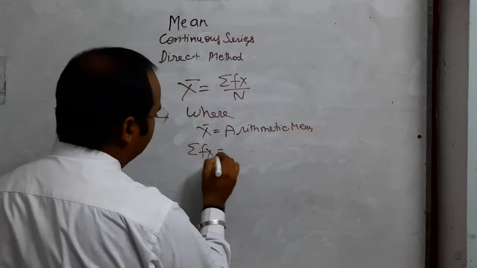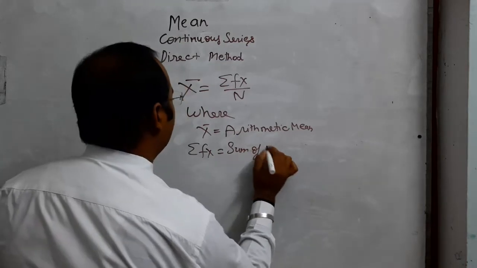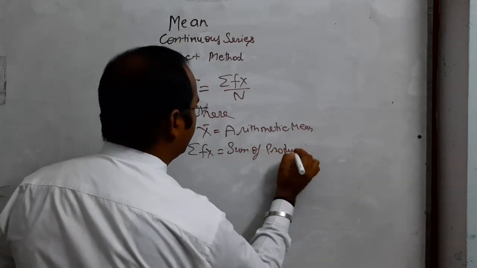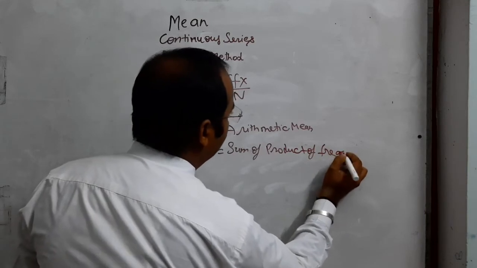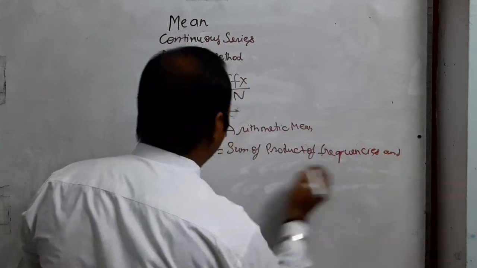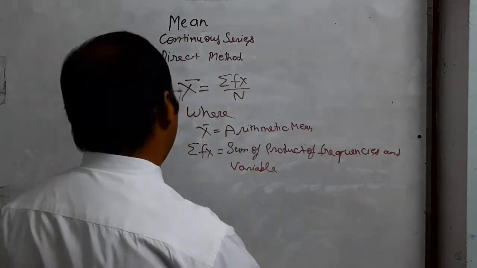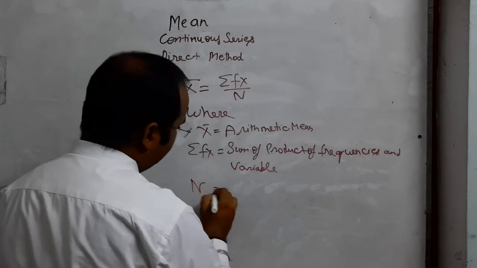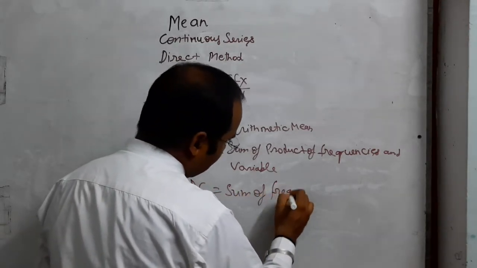Sigma fx you know already, the sum of the product of frequency and variables. And n is the sum of frequencies.